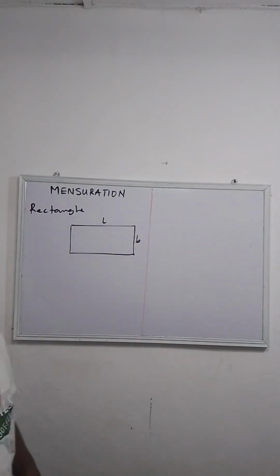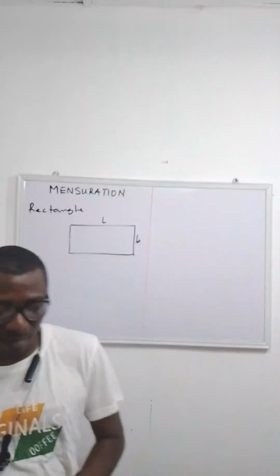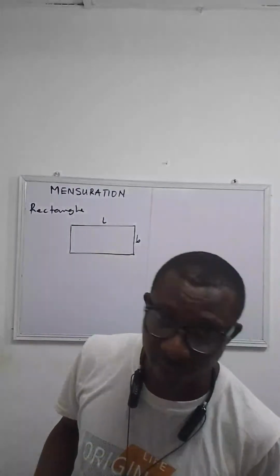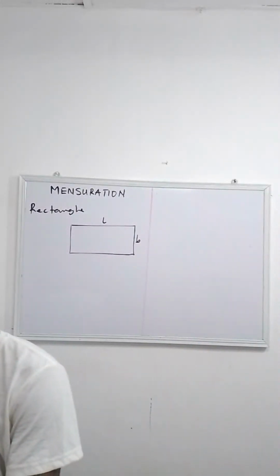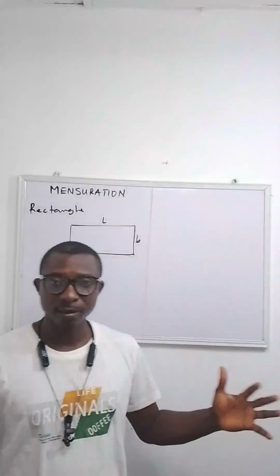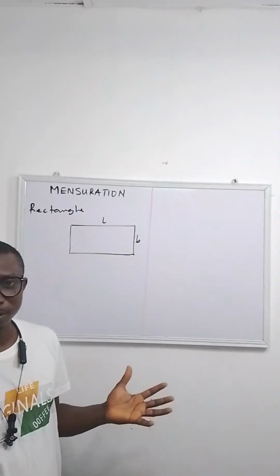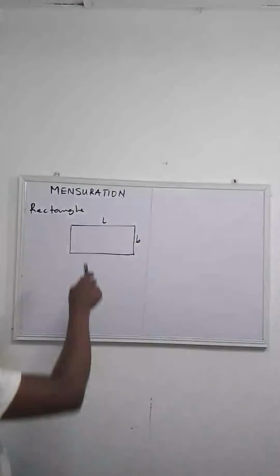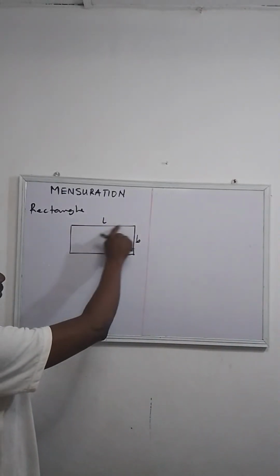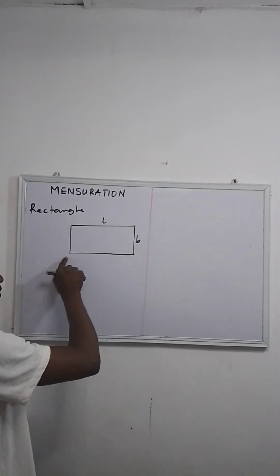Now, don't forget what I said, that if I have a land and I want to fence that land, what I need to get is the length of the boundary. Now, the length of the boundary is the same thing as the perimeter. So if I want to get the length of this boundary, I add this, plus this, plus this, plus this together.